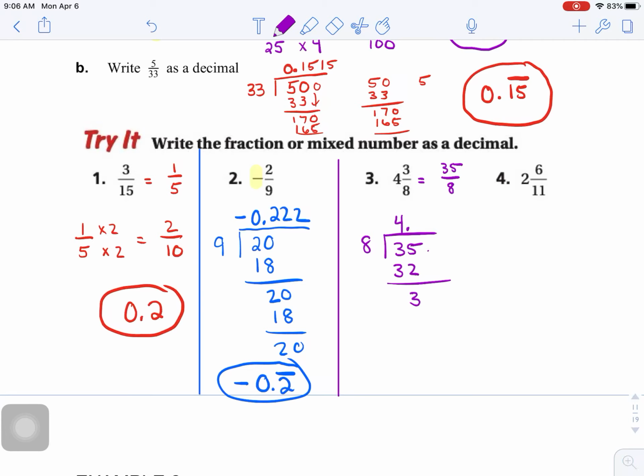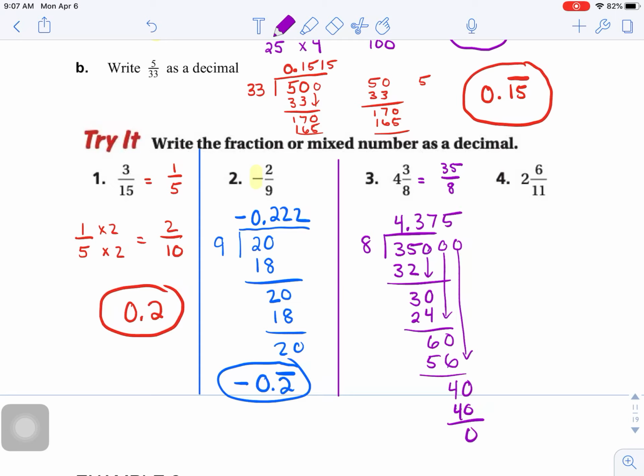Add my decimal, add my 0. 8 goes into 30 3 times. That would give me 24. Subtract, add my 0. 8 goes into 60 7 times. That would be 56. Subtract, add my 0. 8 goes into 40 5 times. All right, so my answer for that one is 4.375.